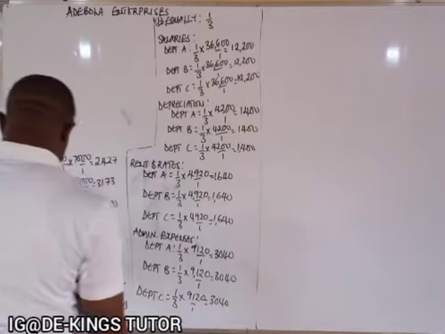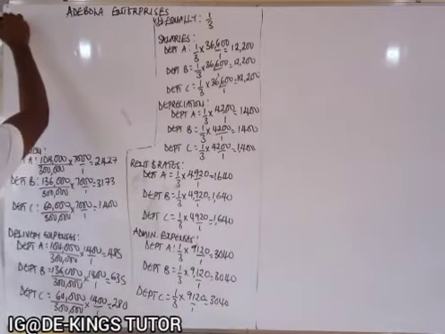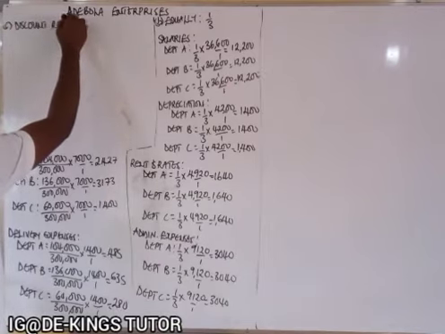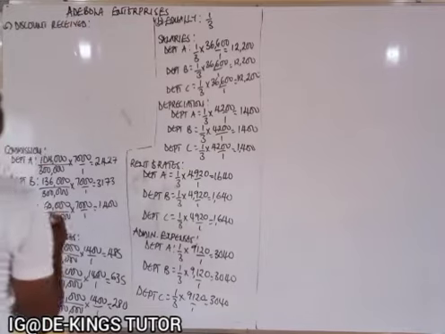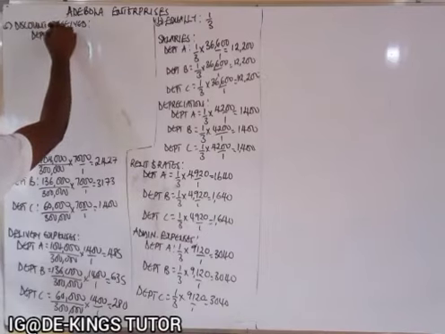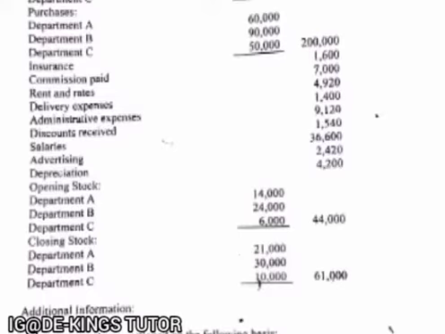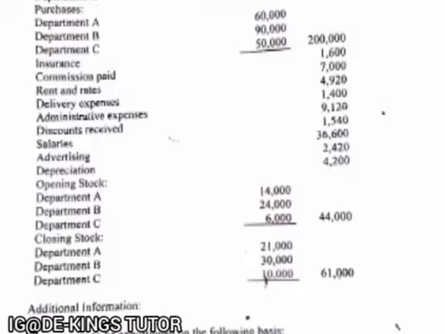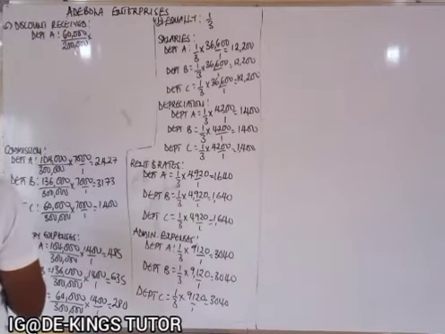It says the C, a discount received. The ratio should be of purchases. So we have Department A. If you check the purchases there, Department A is 60,000 divided by the total of the 3 departments for the purchases, which is 200,000, times the amount for discount received.